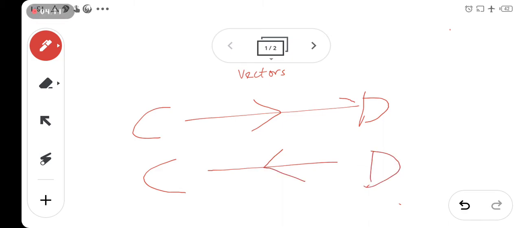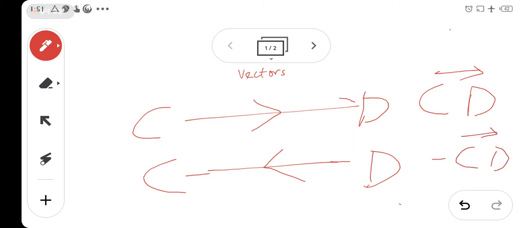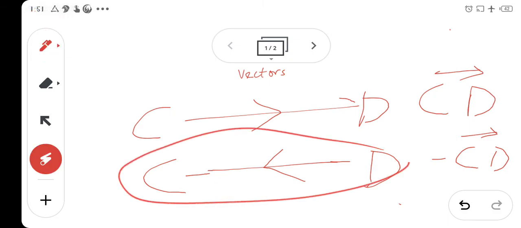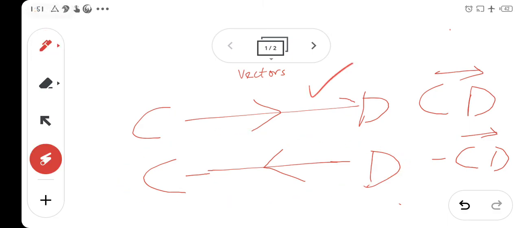This first one is vector CD, while this one, since it is moving in the opposite direction and is of the same size as the first one, we can call minus vector CD. This right here is the negative vector of this one.